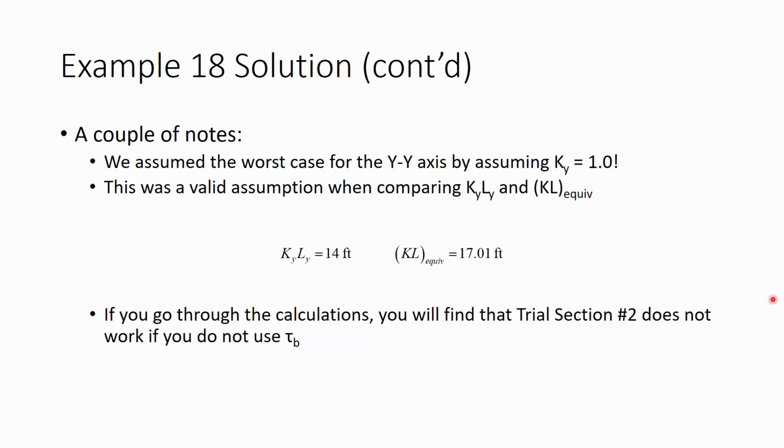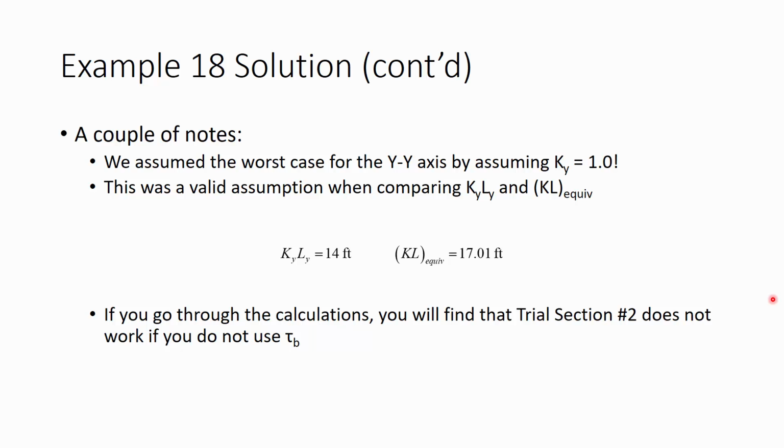Well, the short answer is every single time that you use tau, you will squeak out more capacity if the strong axis governs, pretty much every time. Especially in a scenario like this where you're assuming K is 1 along the weak axis, so tau doesn't come into play along the weak axis, so really tau is only going to affect your strong axis capacity. And if the strong axis governs, if you have a KL equivalent larger than KyLy, you will squeak out more capacity with tau. And for this particular example, what you'll find is that if you actually go through trial section number 2 and you don't use tau, you'll find that trial section number 2 does not work.